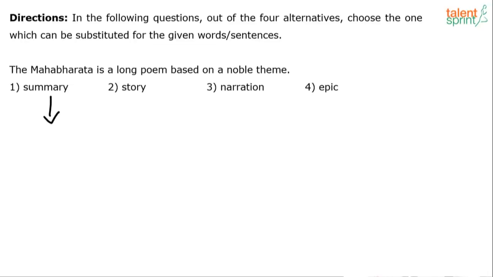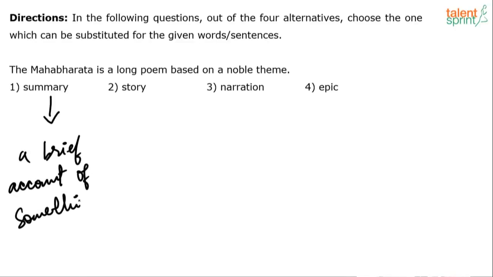Okay. So, what is a summary? A summary is a brief account of something. For example, every book has a synopsis or a summary given at the end of the book. Yes, a brief story.